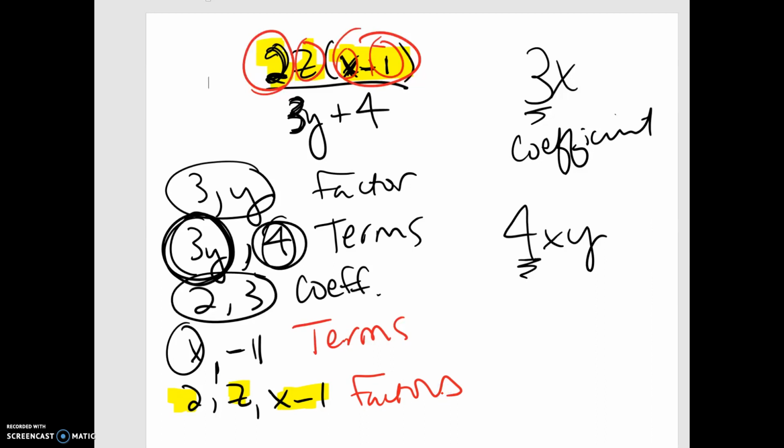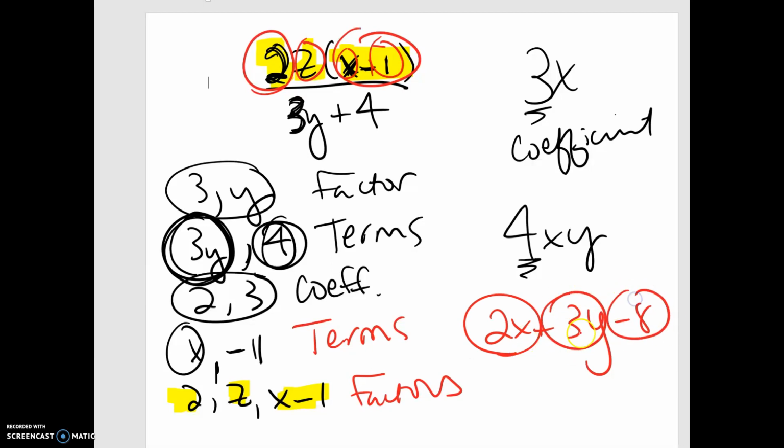Okay? All right, so again, if I have a chunk of something like this, the individual pieces, like the 2x and the 3y and the -8, are being added. So they are terms. If I look at what's happening just with the 2 and the x, they're being multiplied. The 3 and the y are being multiplied. I can't remember if that's negative or positive, but if it's negative, the negative would go with it. So -3 and y would be multiplied.